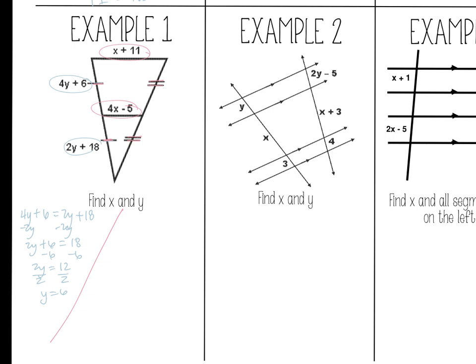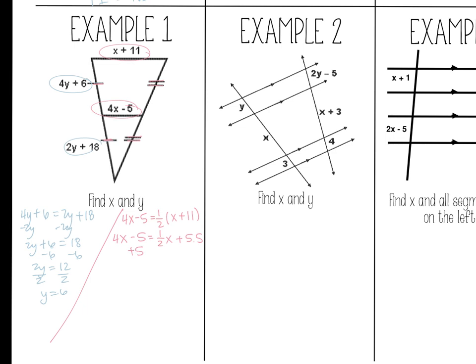So let's solve for that. We can write 4x minus 5 equals half of x plus 11. So I have 4x minus 5 equals 1/2 x plus 5.5.